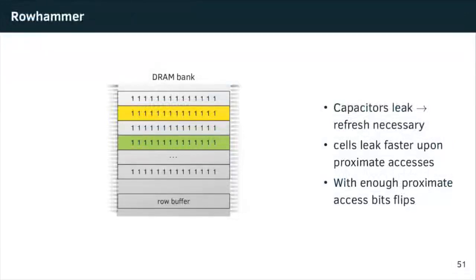The thing with capacitors is that they don't just leak charge when you read them out. They leak charge over time, all by themselves. For this reason, we need to refresh DRAM every once in a while. And how we do that is we read the row into the row buffer and write it back, and the capacitors are all refreshed. This happens every 64 milliseconds in normal computers all the time.